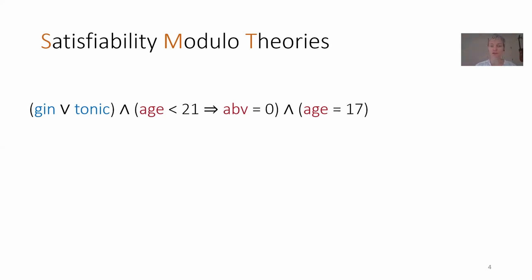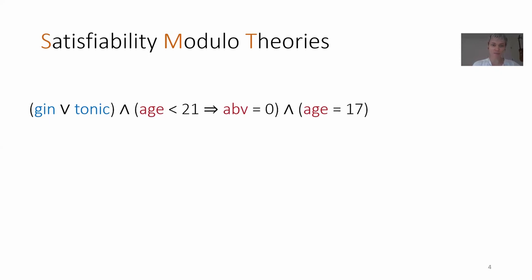So let's say I want to model the same drink selection problem, but a little bit more faithfully. Let's say gin and tonic are still Boolean variables, but I want to represent the age restriction as: if age is less than 21, then alcohol per volume should be 0. And I know that my age is 17. Remember, we're still pretending I'm 17 years old.